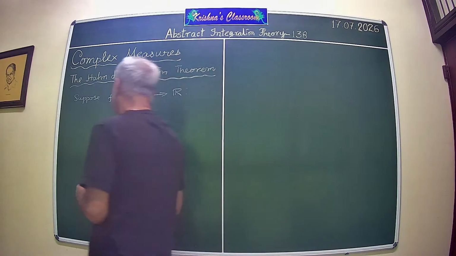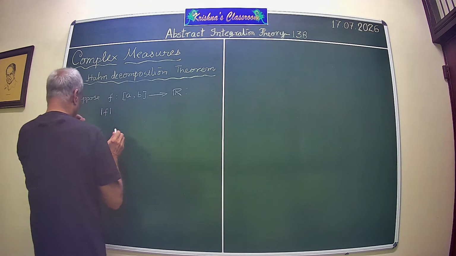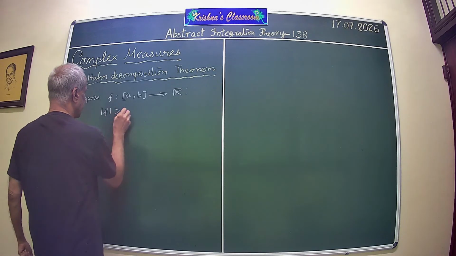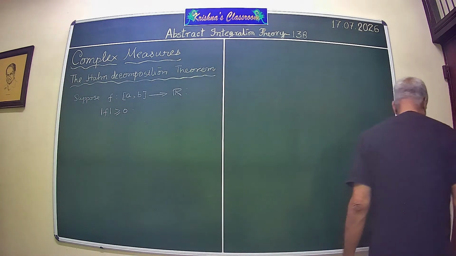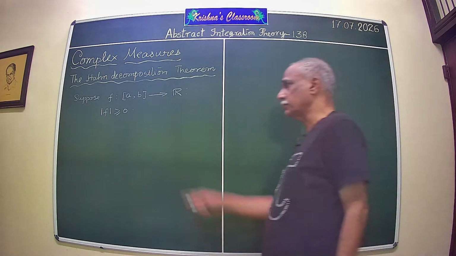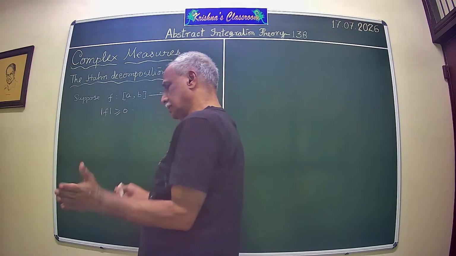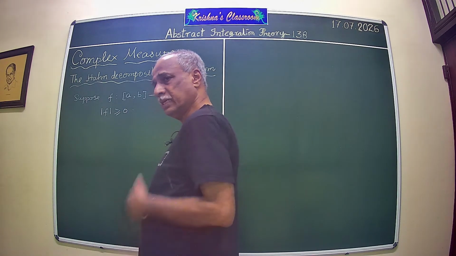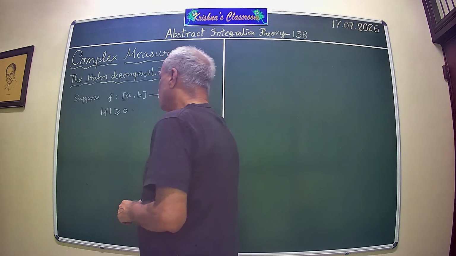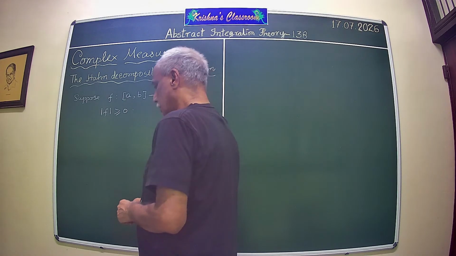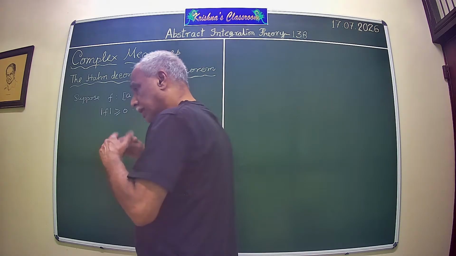Therefore, we can write mod f is greater than or equal to 0. Now you can split this function into two parts, namely f can be written as the difference of two non-negative functions.